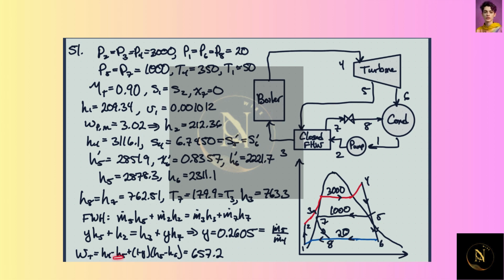So all of these enthalpies are the same. It's just Y that changed. And so that's why we got less, because H3 changed, so that changed Y, so that changed this. So it's really H3 that is the problem here.